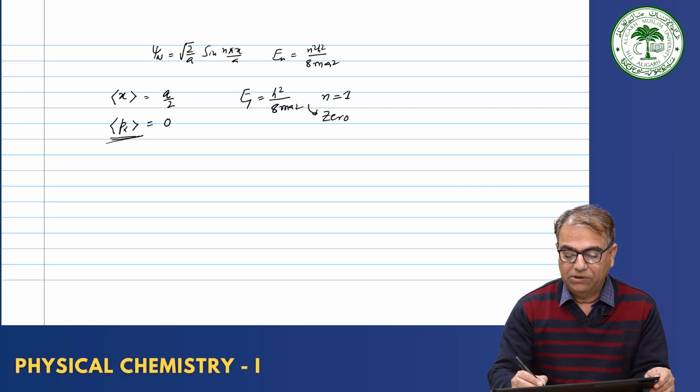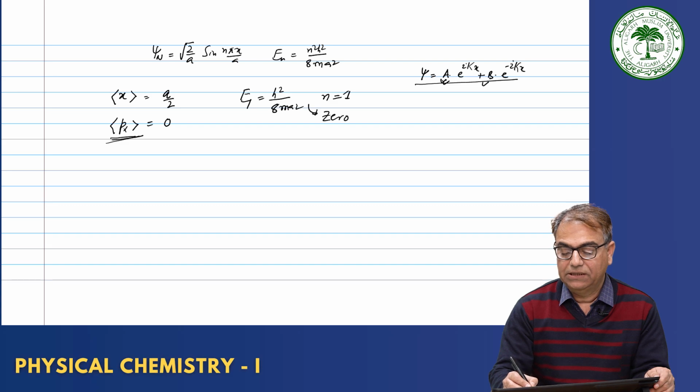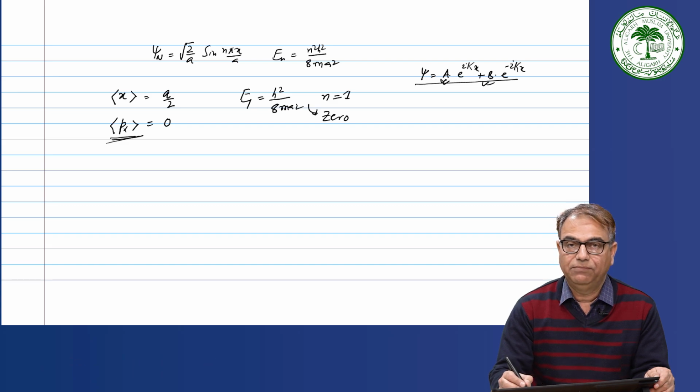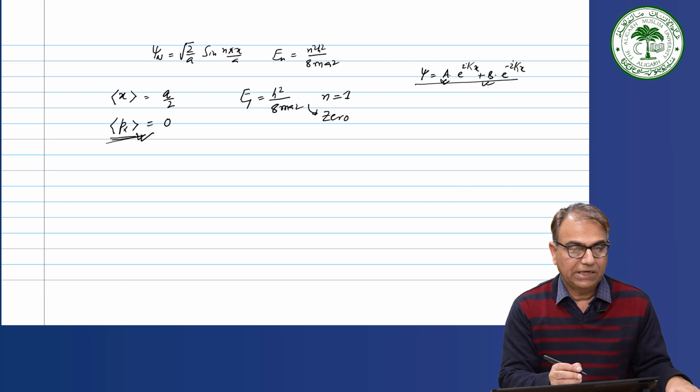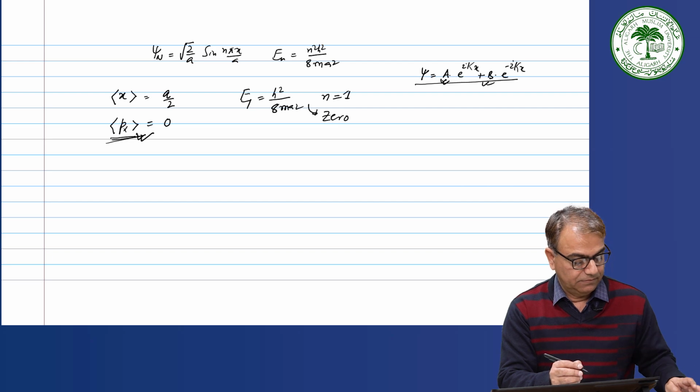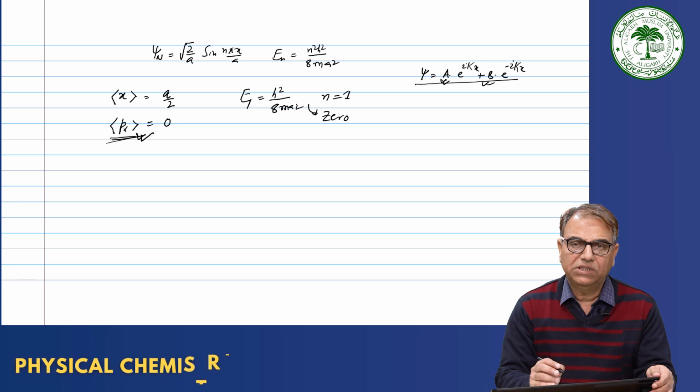We talked about that when the wave function is represented by a exponential i kx plus b exponential minus i kx, the values of a and b decide the momentum: if a is 0, what happens, and if b is 0, what happens. The momentum changes side, because momentum is a vector quantity, so the direction changes. The same thing happens here. Out of the multiple measurements, some momenta are in the positive direction, some are in the negative direction. Okay, so this we talked about.